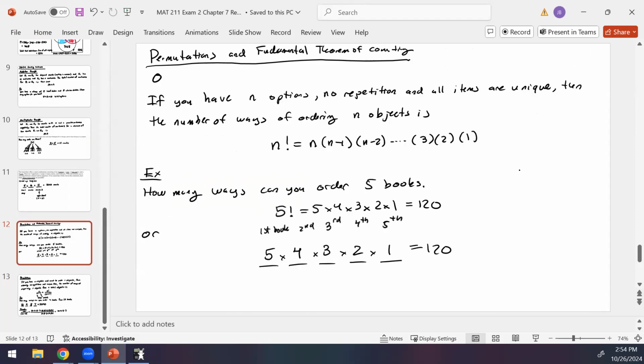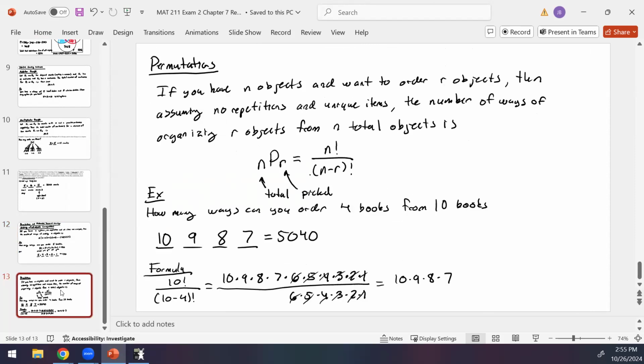This is the ordering of all objects, and then I'm going to put in parentheses, no repetition. So it is a permutation, but a permutation of everything, right? And then this is permutation of some objects, no repetition.